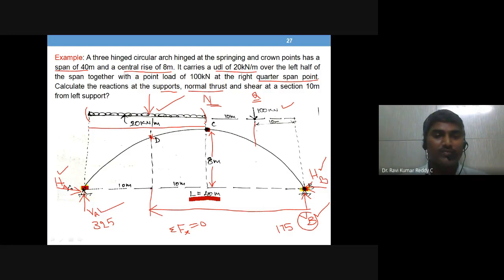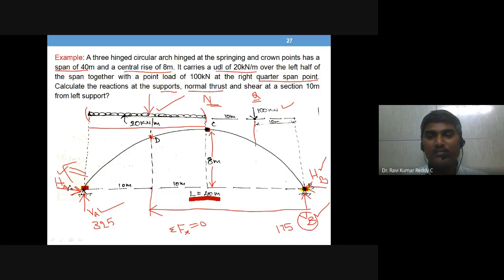Now you see, when you apply the load, this end will try to move outwards. This end will try to move outwards. So what this support will do is try to stop it. This is the reaction.